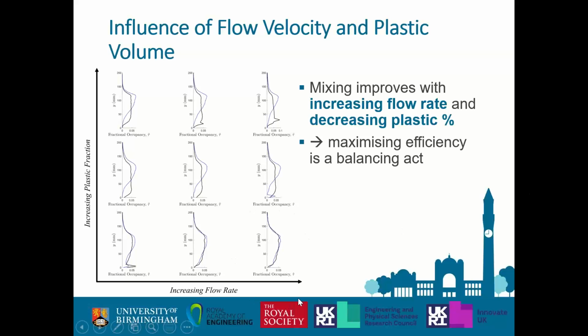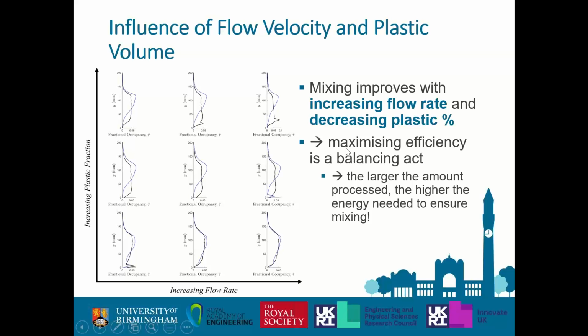Because if we want to produce good quality products, then we want to make sure that we have the best possible mixing. But the problem is the best possible mixing is at the highest flow rate, which will burn up a lot of energy, and the lowest packing fraction, which will massively impact the amount of plastic you can process per hour. So trying to actually get this system as a whole working at maximum efficiency is a careful balancing act.